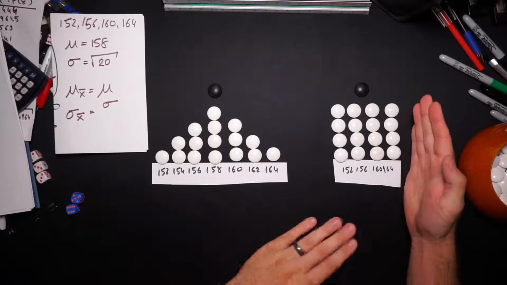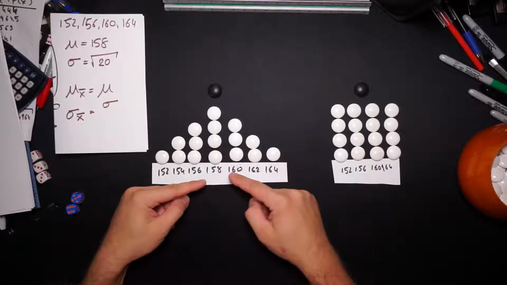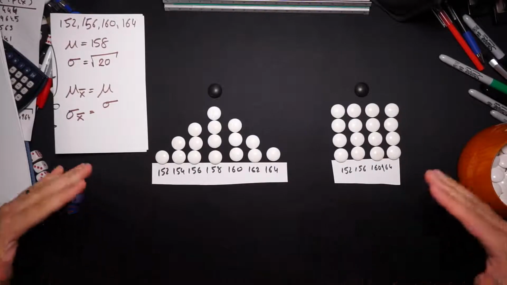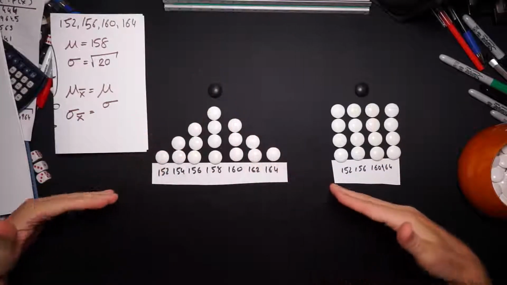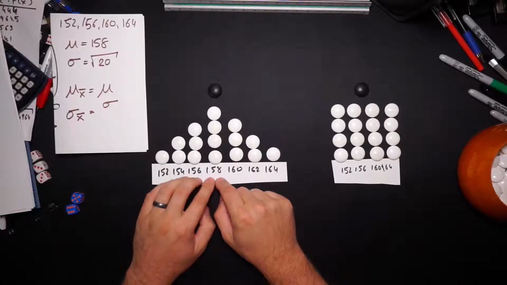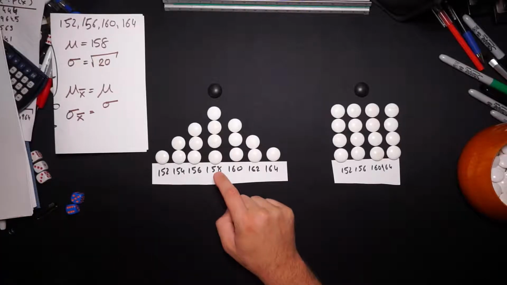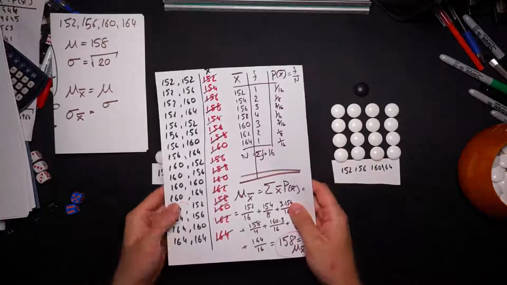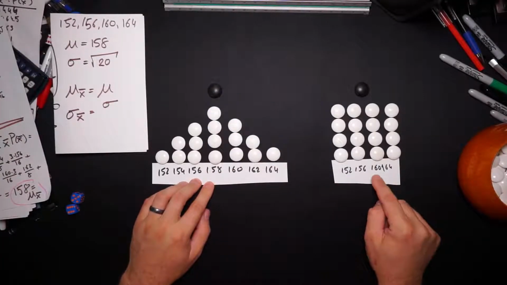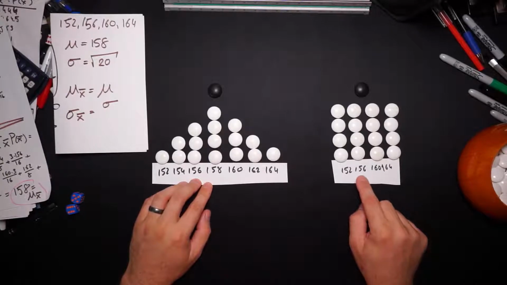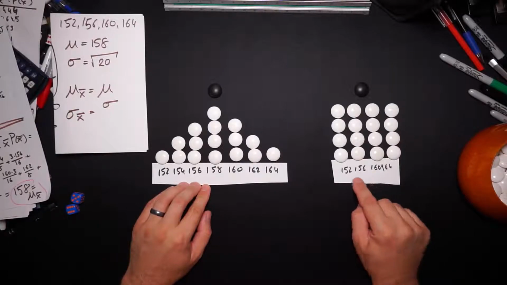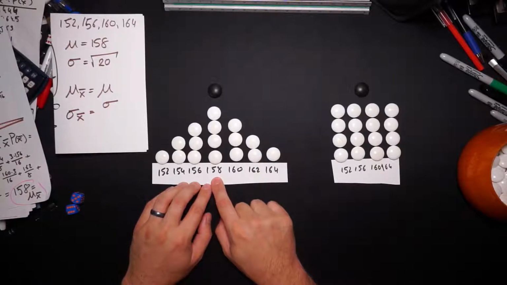Well, this shrinking of the standard deviation gives us a very nice shape where most of the samples are focusing on the mean, where each one of those can miss. But 156 is a pretty good estimate for the mean, so is 160. But neither of them is actually very precise, and this is much better, right?